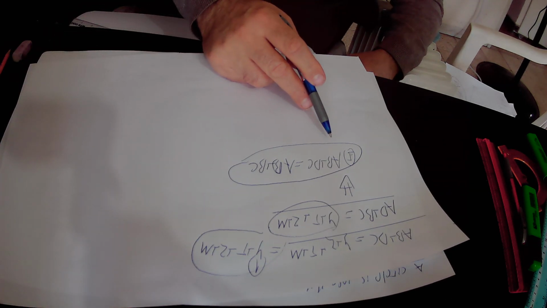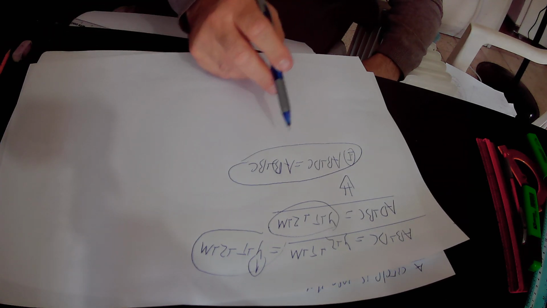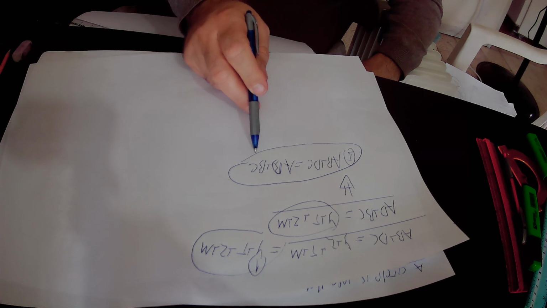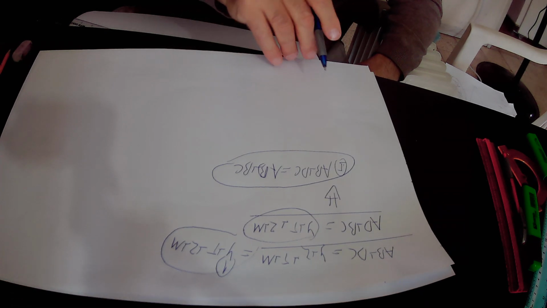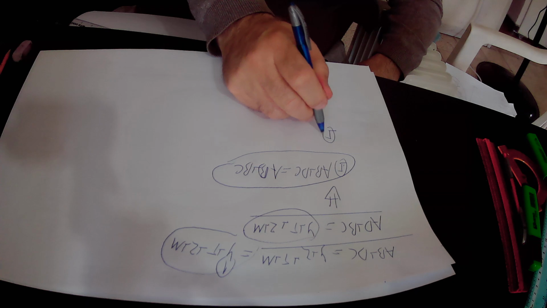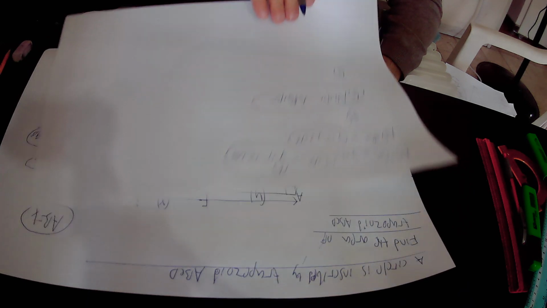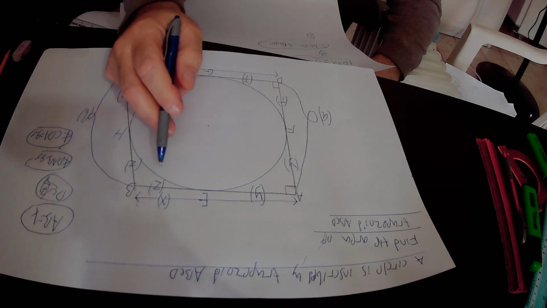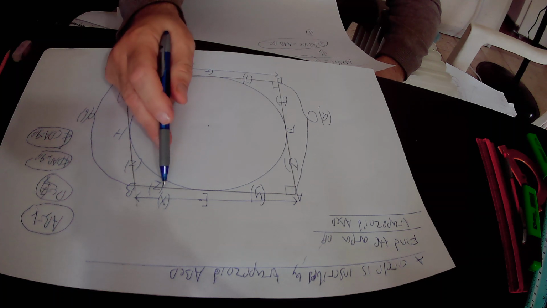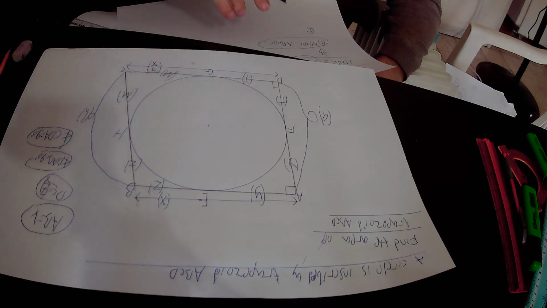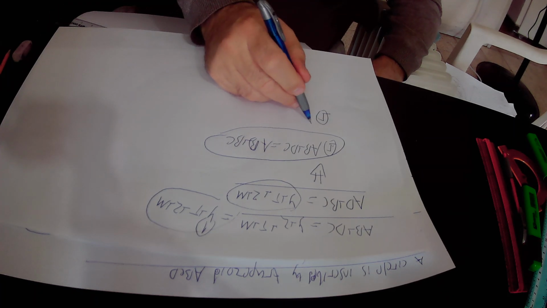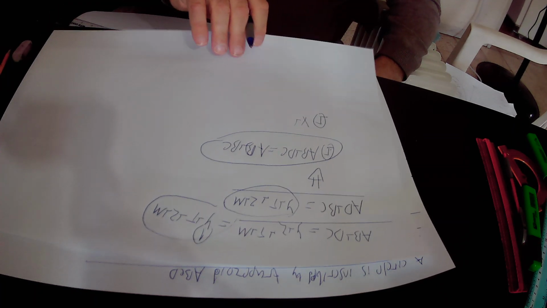So here AB equals x according to what is given in the question. So we substitute AB by x plus DC.